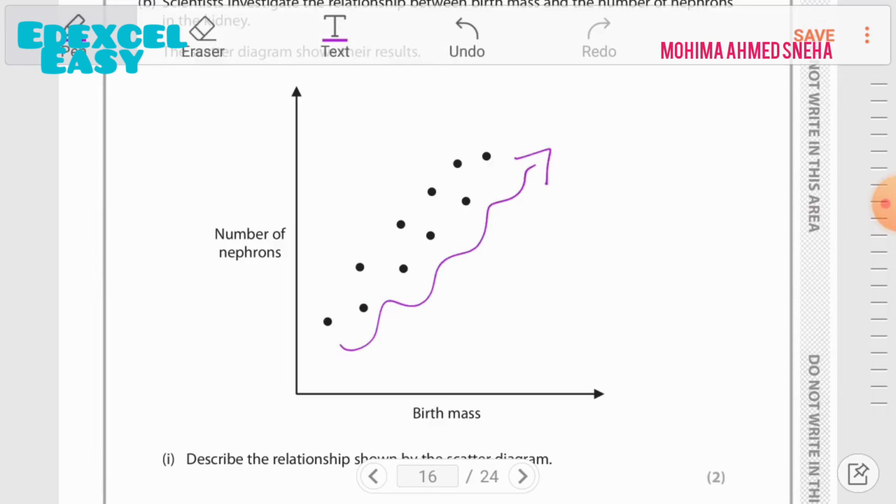So I'm going to say they have a positive correlation, because this entire scatter diagram has an uphill pattern, and therefore it indicates that the birth mass has an effect on the number of nephrons.